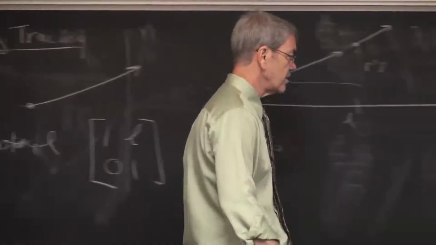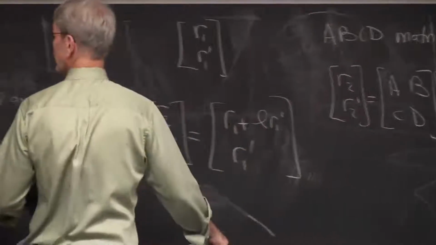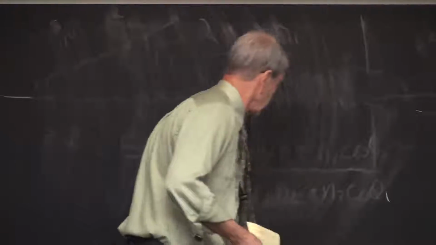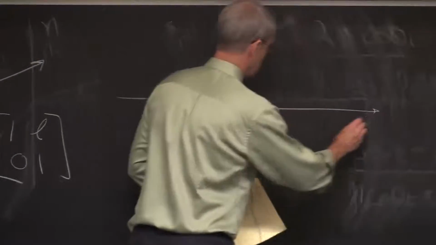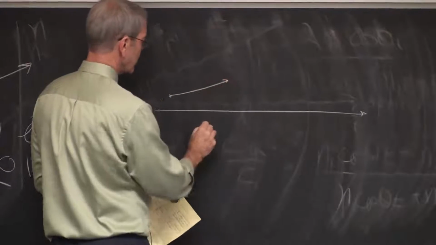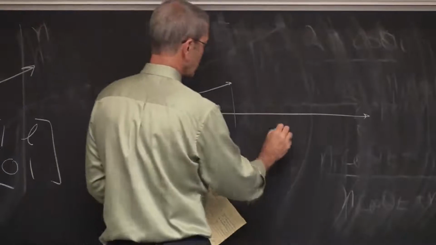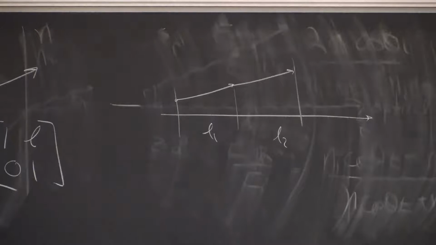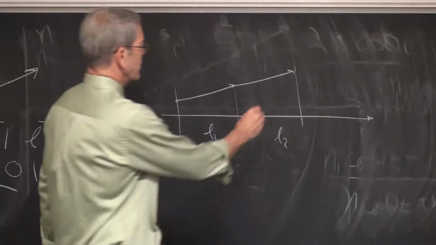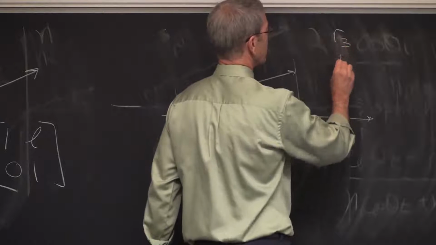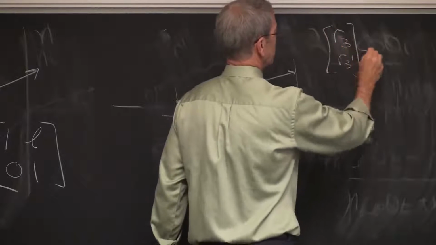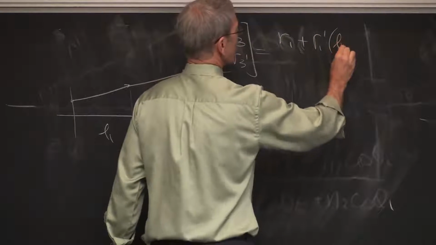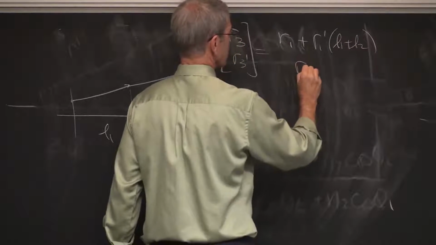Let's test this. I mean, this is really a trivial example, but if I were to go two distances, I've got my z-axis, and I'm starting here, and I'll go a distance L1, and then I'll go a distance L2. You would all say, just by inspection, that this ray here, let's call it R3, is just going to be R1 plus R1 prime times L1 plus L2, and this is going to be R1 prime.